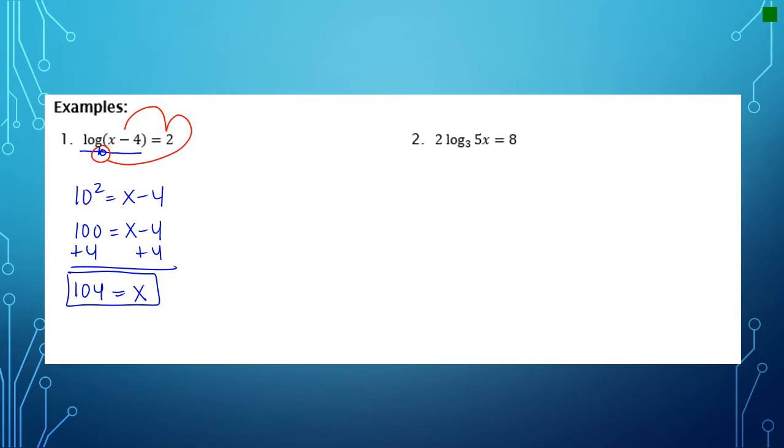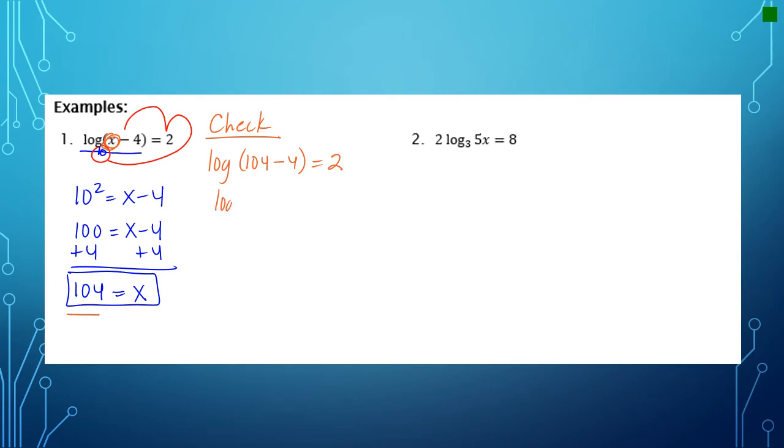Really quick, and we can do this kind of mentally from now on, but I want to show you how this works. If I put in 104 minus 4 equals 100, so I replaced the x here with the answer that I got.